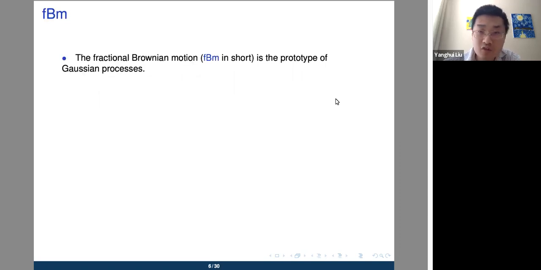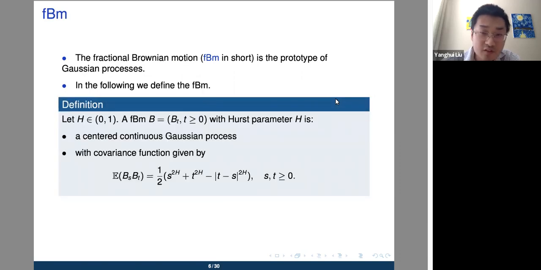The fractional Brownian motion is the prototype of the Gaussian process. So in the following, let us define the fractional Brownian motion. Here's the definition. H is a number between 0 and 1.